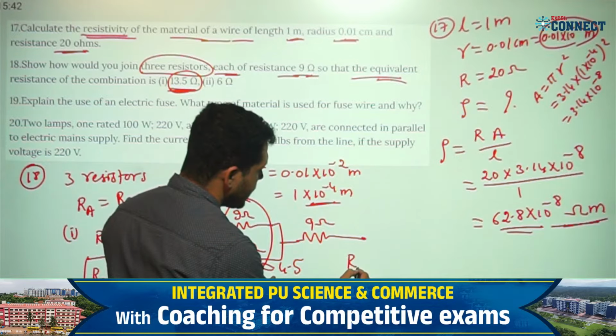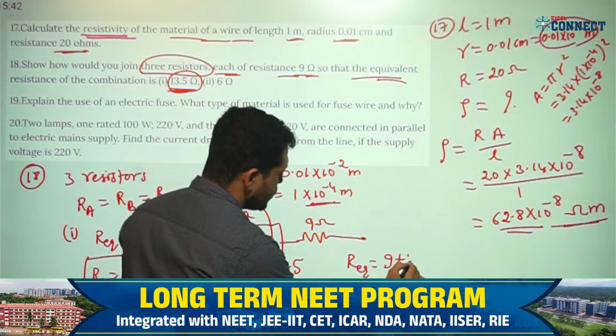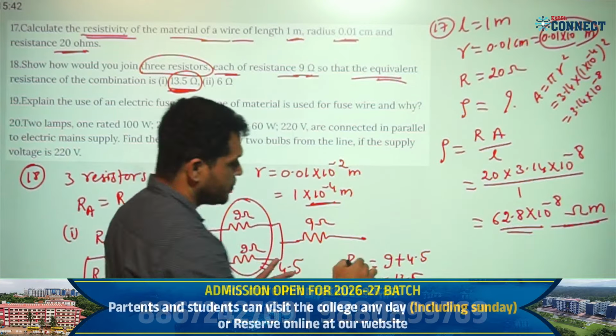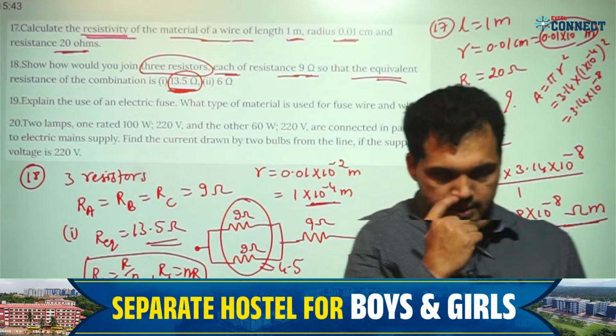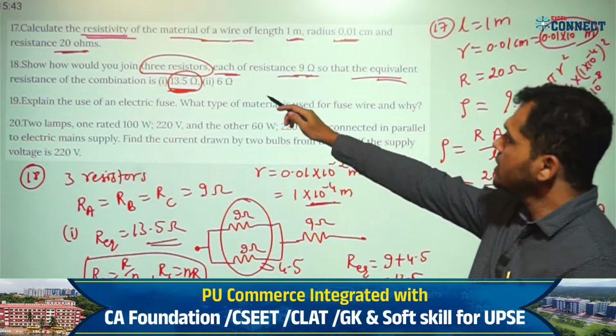So R equivalent is 9 plus 4.5, that is 13.5 ohm. That is the answer. Is it clear? This is how we can solve this first question.